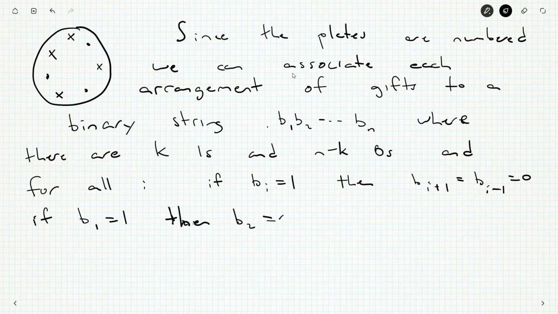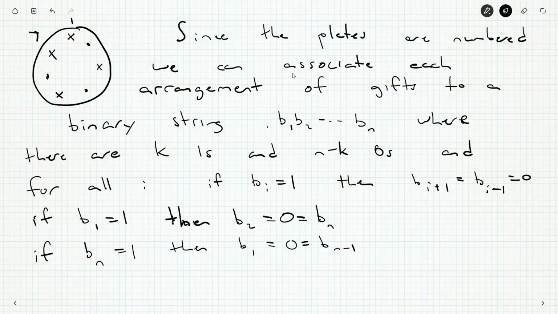Now the pen is really not liking me. And the last one has to be 0, because that's completing the circle. And the other end, so if bn is 1, then b1 is 0, and so is b(n-1). Alright, so let's get that out of the way. That way I don't have to draw pictures.